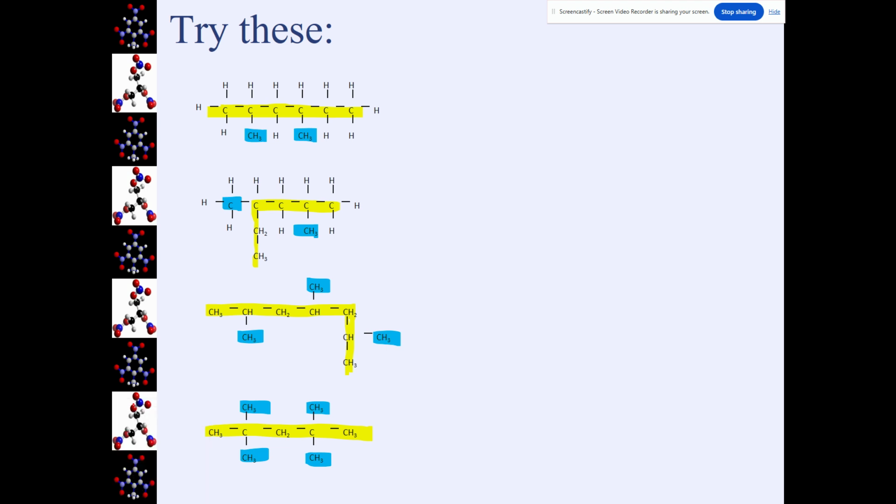Now I need to number my parent chain, which is the yellow one, for the lowest branch numbers. So 1, 2, 3, 4, 5, 6. That's the best way to number that one, to get the branches on 2 and 4. If I number in this direction, I get my branches on 2 and 4.